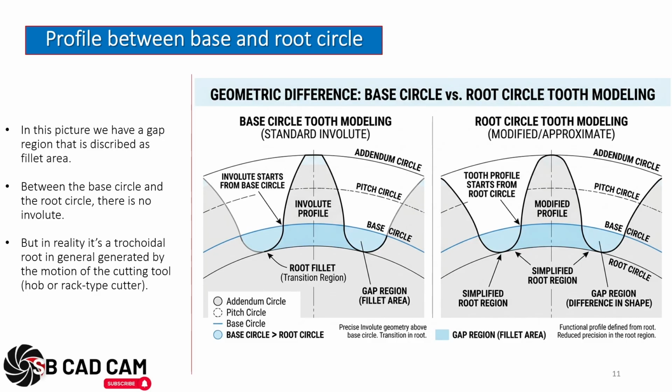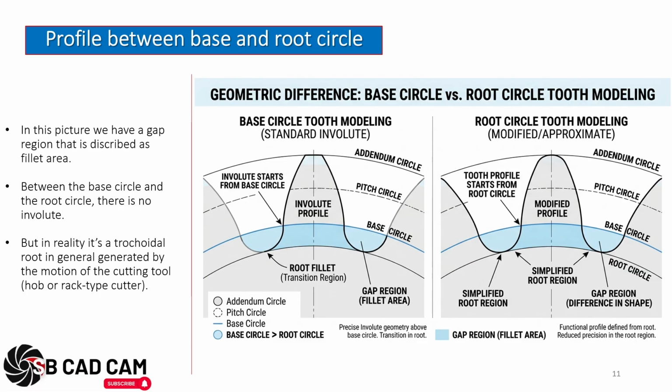But in reality, it is a trochoidal root, in general generated by the motion of the cutting tool, hob or rack type cutter. So when the cutter cuts this gear, it will create this type of shape.